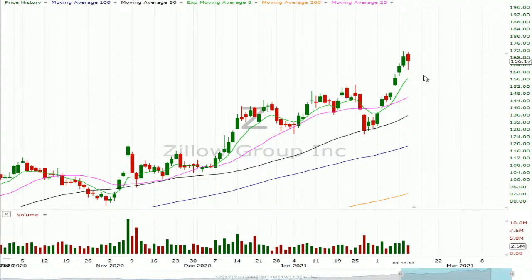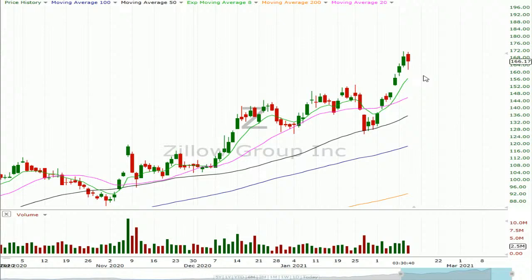So using Zillow as an example, Zillow reports tonight. If you were thinking about playing it, you obviously want to know what the option market is anticipating. Because if you're planning on buying options, you want to know how big of a move is already expected and how big of a move the stock needs to make to make money on those contracts. It's a very basic idea.